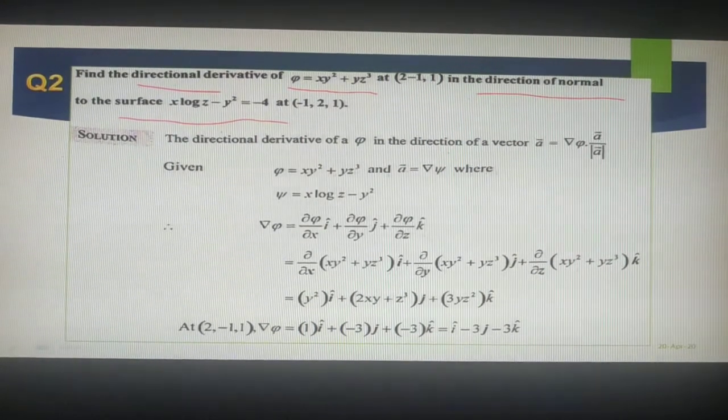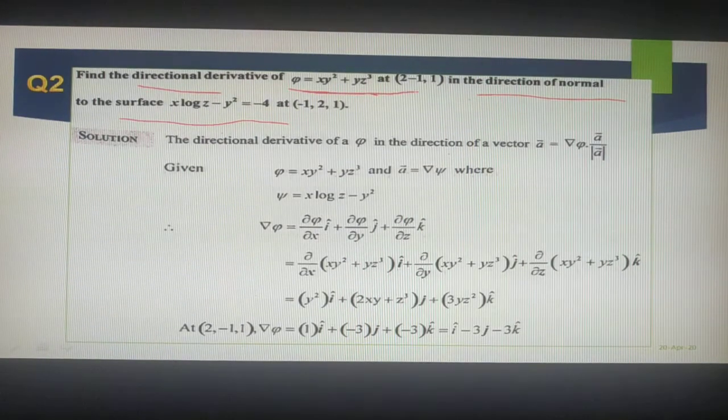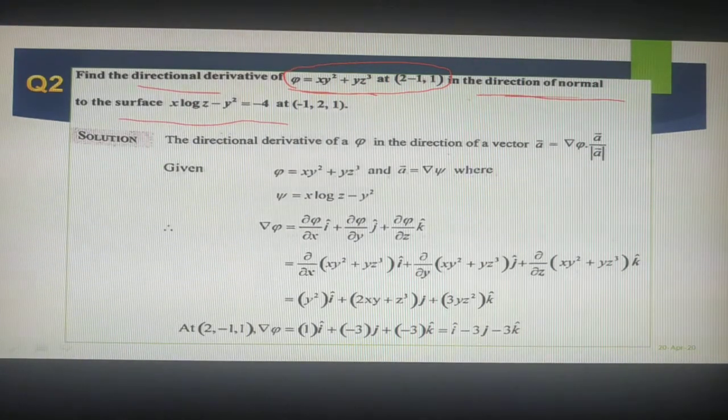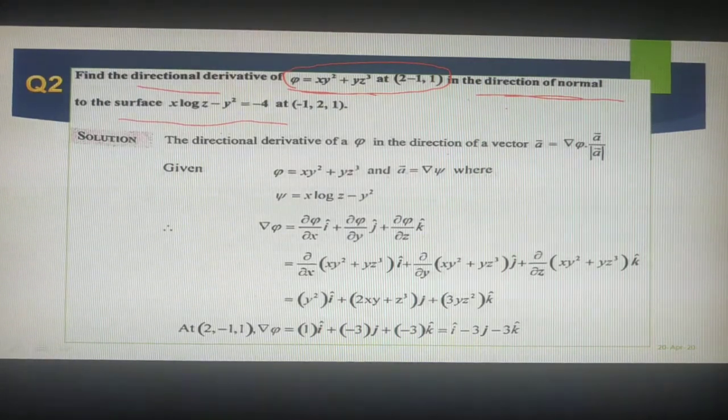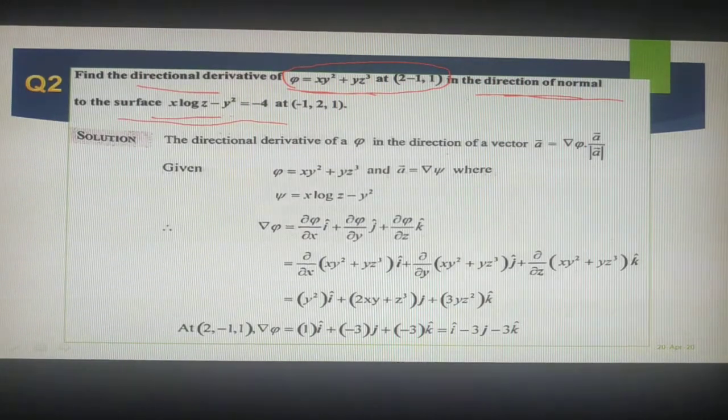We need to find the directional derivative for this particular phi function in the direction... what we expected here is that they should provide some vector, but they have not provided that vector directly. What they are telling is the direction of the normal to the surface. So you have to find the normal to the surface. Again, one more scalar point function is given at some point.